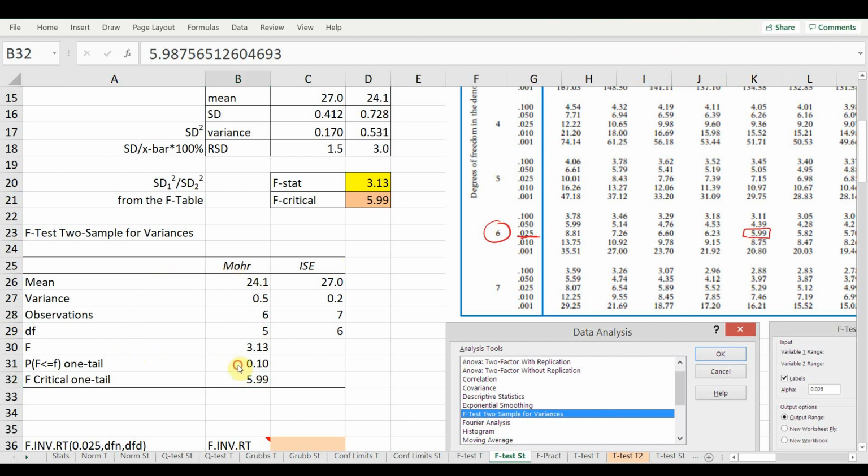Notice that Excel also displays a p-value, and this is the probability that the difference in variance is due to random error. So a p-value of 0.1 corresponds to a 10% probability. But you must always double this value for a two-sided test, since only the upper half of the probability is considered.